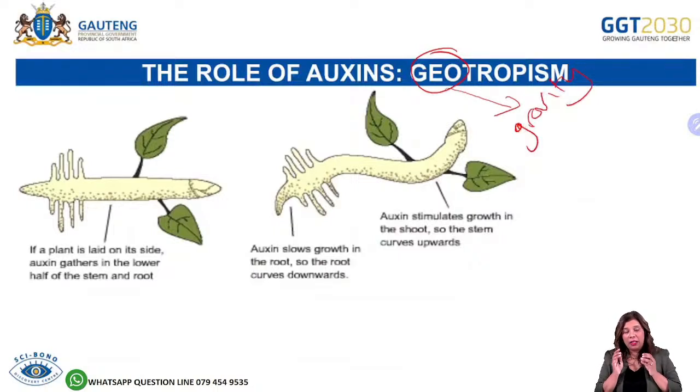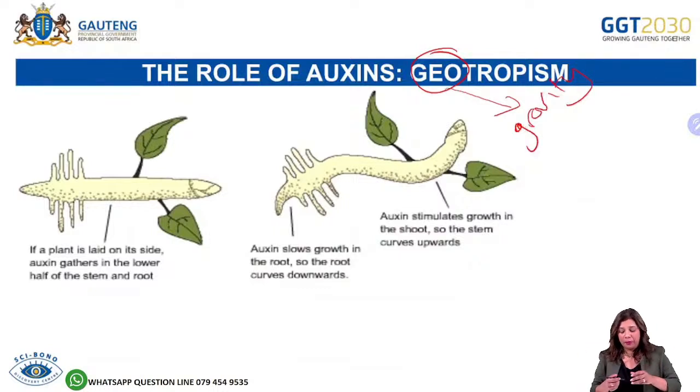In the stem we had phototropism, and we said the plant is growing towards the light. So what do you think geotropism is? It's when the root grows toward gravity, toward the ground. The ground is pulling the root down. You need to understand the term, because you're going to come to positive and negative.